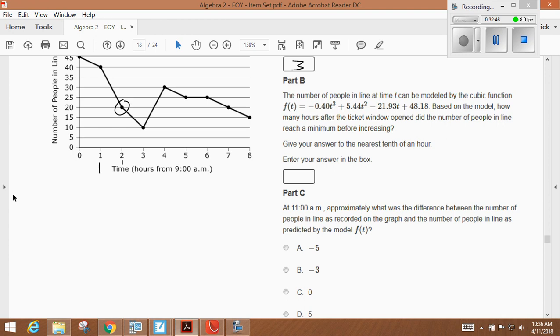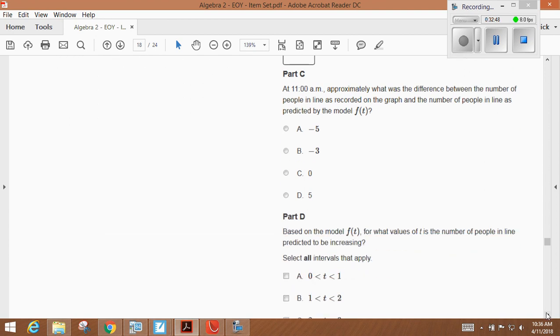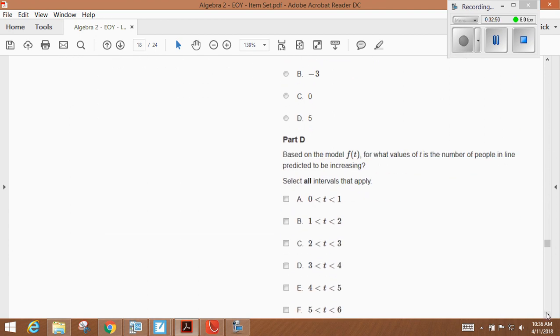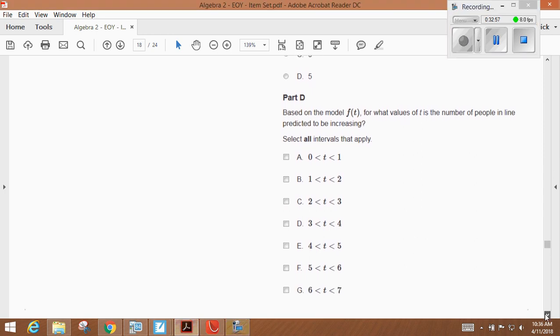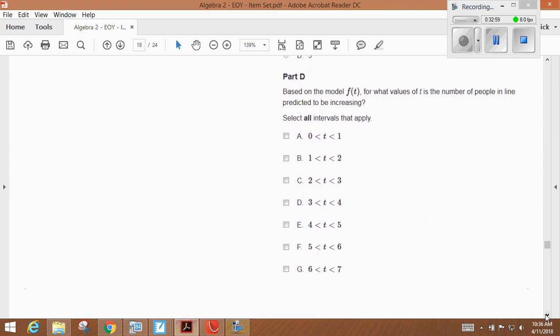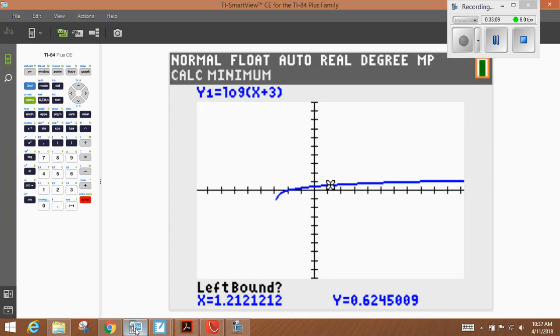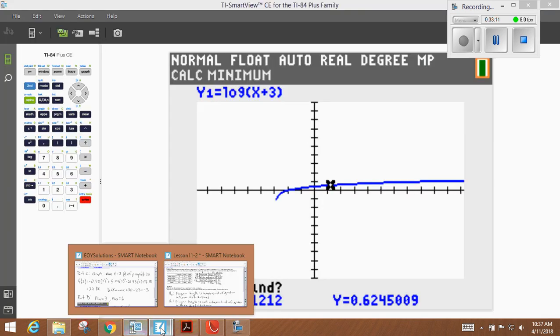And you can do the same thing for part D. Based on the model, f of t, for what values of t is the number of people in line predicted to be increasing? We can look at our graph again.